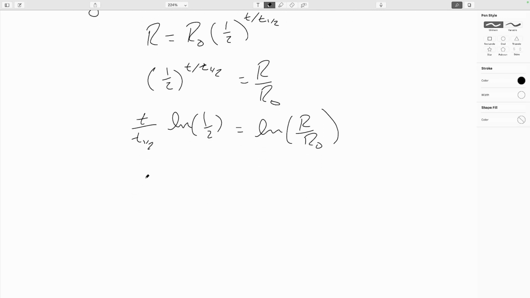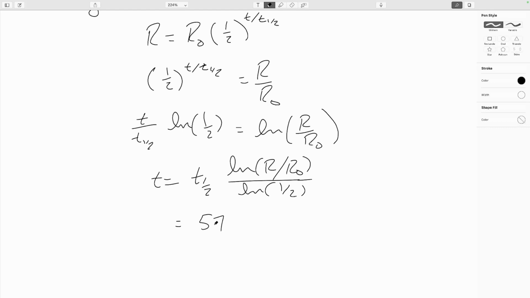So rearranging some more, I get that the time elapsed would be the half-life times the natural log of R over R naught, over the natural log of 1/2. The half-life of carbon-14 is 5,730 years.